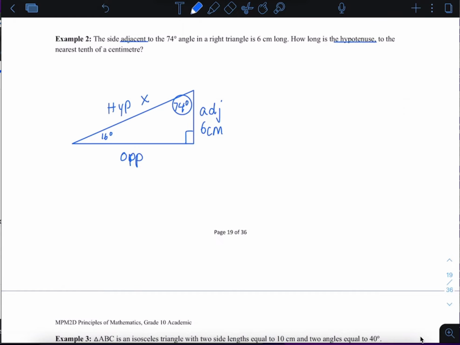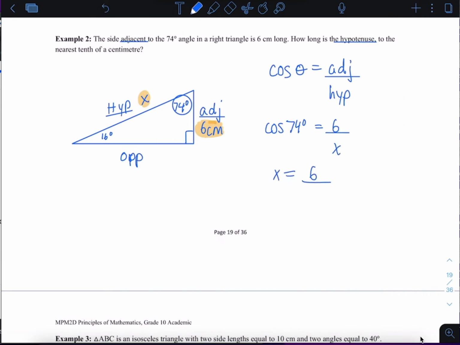So again, I have to consider, well, this is what I know, this is what I'm looking for, so I need a relationship between the adjacent and the hypotenuse. The opposite side doesn't really play into this at all, so I'm going to use cos theta, which is adjacent over hypotenuse. Cos 74 degrees is 6 over x.